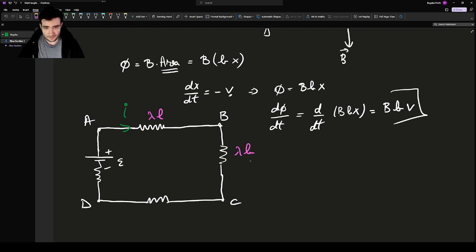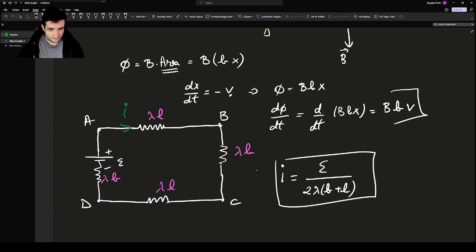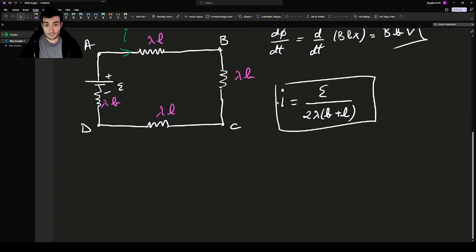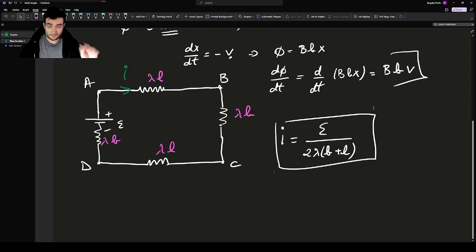This is lambda B. This is lambda L again, and this is again lambda B. So the current is equal to the EMF divided by the total resistance, which is, the resistances are in series, so we can just add everything up, and we get 2 lambda times B plus L. So that's the current.